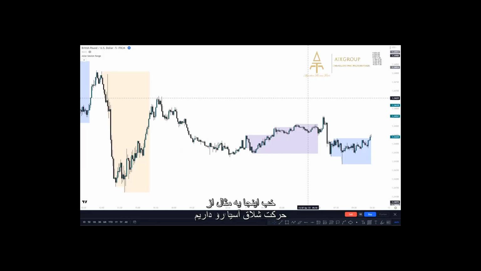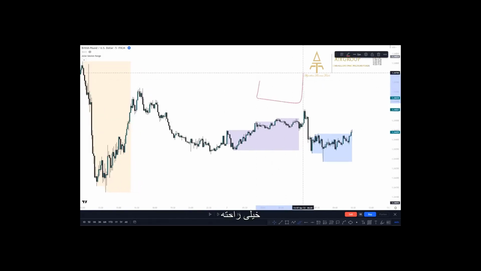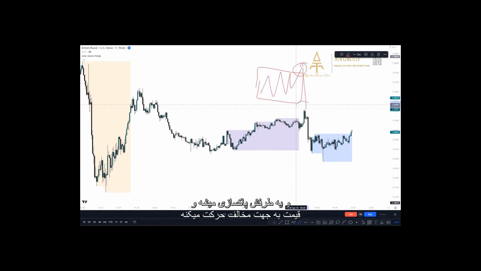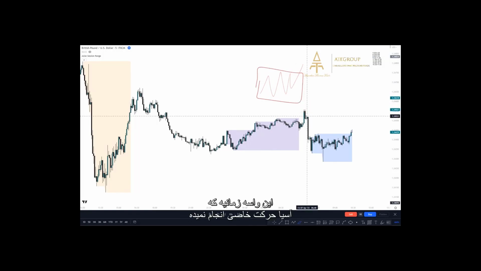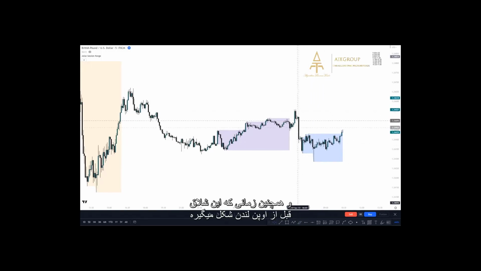Alright, so this is an example for Asia whipsaw, and it's really simple. We got Asia build-up, then we sweep one side and we go for the other side. So this is happening when Asia is doing nothing, and also when the whipsaw happens before London open.